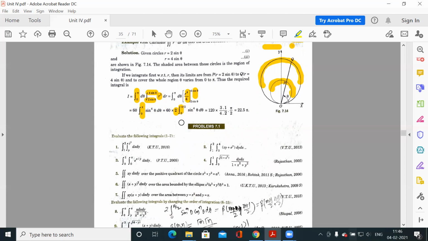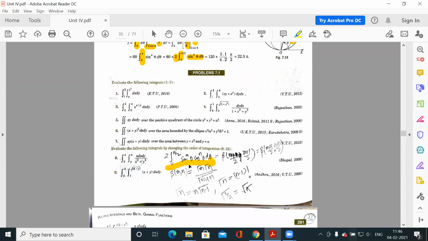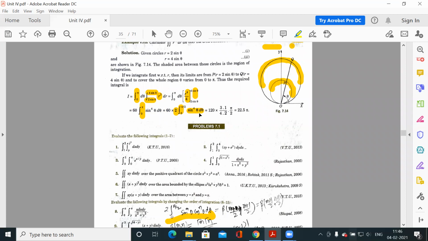Next, this is of this type: 2 times the integral from 0 to pi by 2 of sine to the power 4 theta, and this is sine theta to the power m. The cos theta to the power n is not here, so we can assume that this is cos theta to the power 0. So m is 4, n is 0.